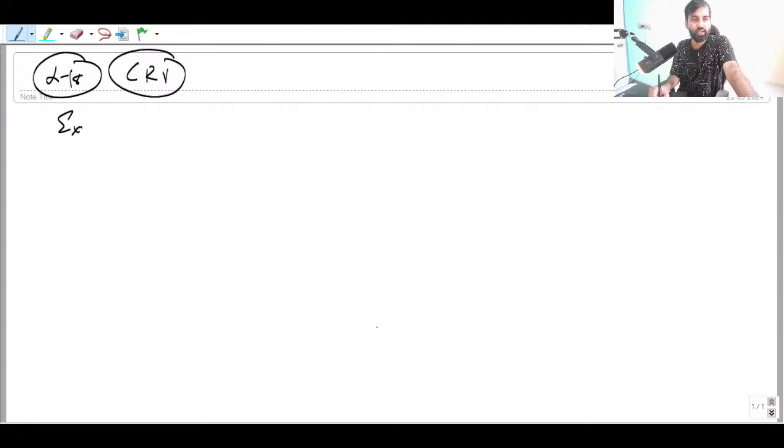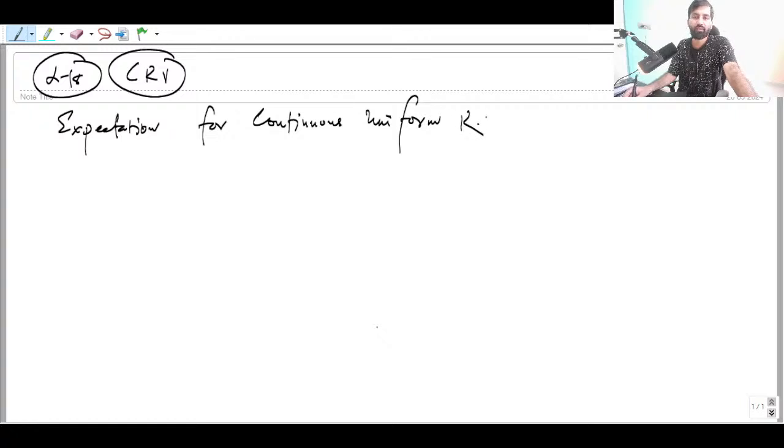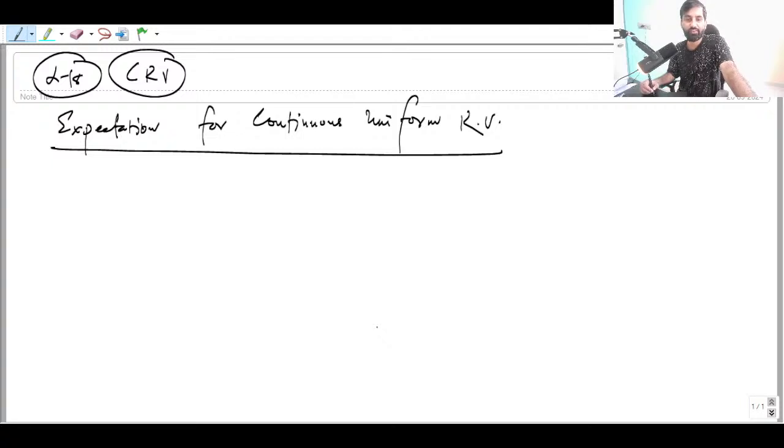So, expectation for a continuous uniform random variable. Suppose a uniform random variable is given, and the parameters of interest are a and b. Let me plot it.